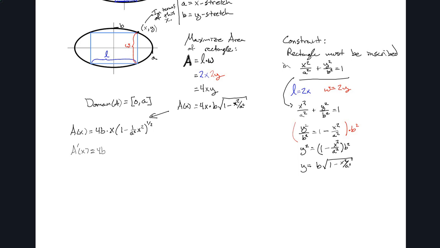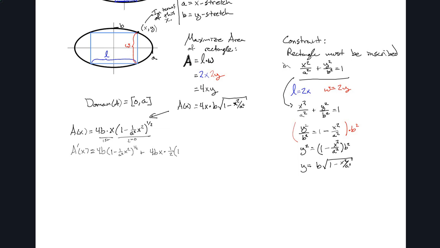The 4b is a constant. And so this is a product rule. This is my first and my second. Derivative of the first is just 1 times the second plus the first times the derivative of the second.